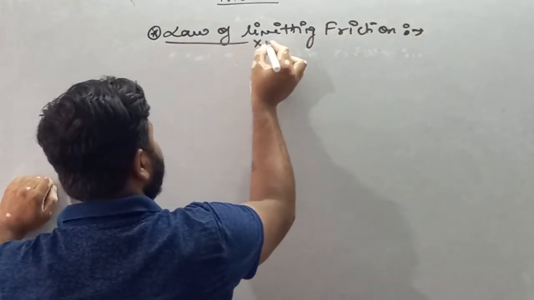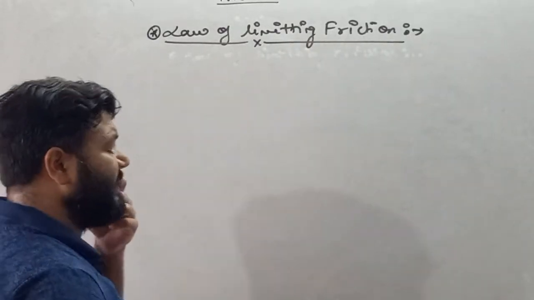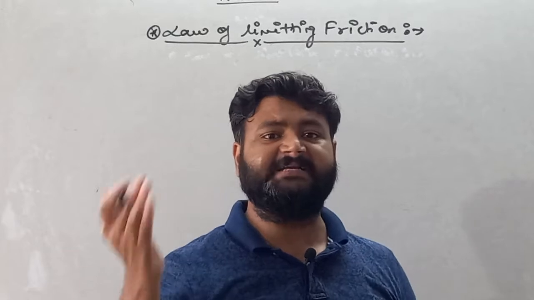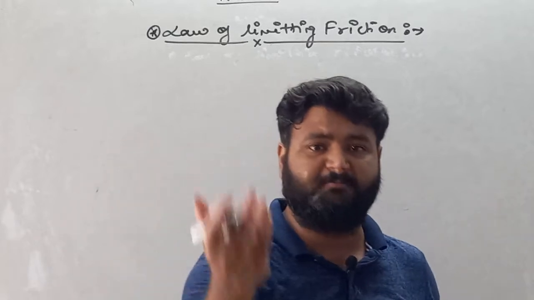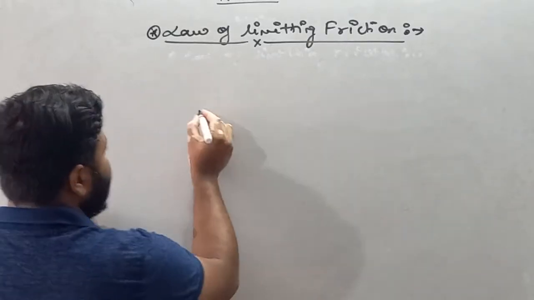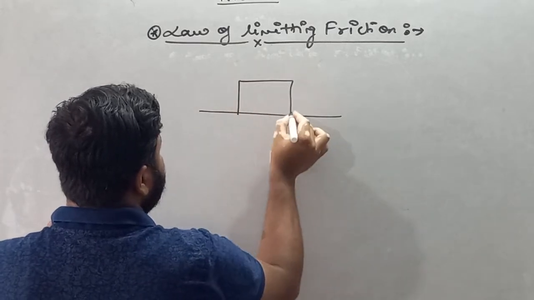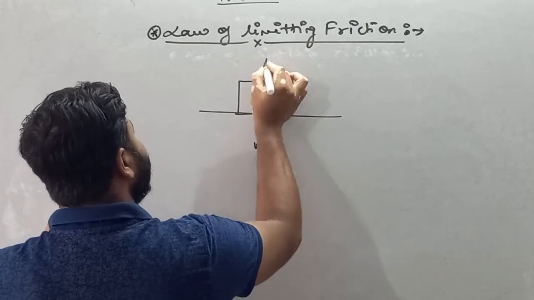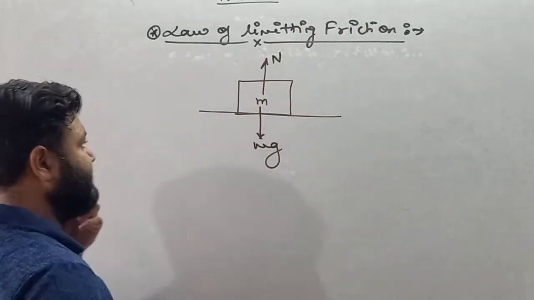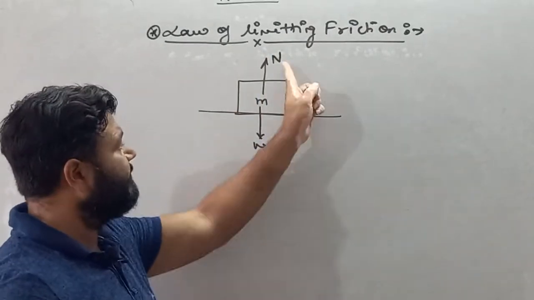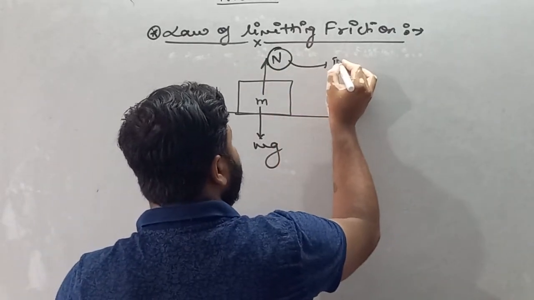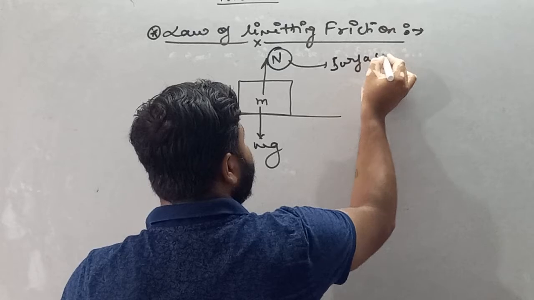In the first lecture of friction, I already told you, my dear student, that friction is basically a surface force. It is applied by the surface on the body. So let's suppose we have a body whose mass is m. Vertically downward it is mg, and in the upward direction the force that takes place is the normal reaction force. And I already told you, my dear student, this normal reaction force is a surface force.